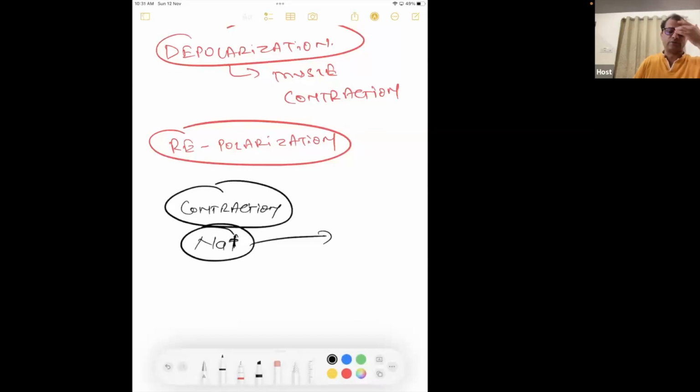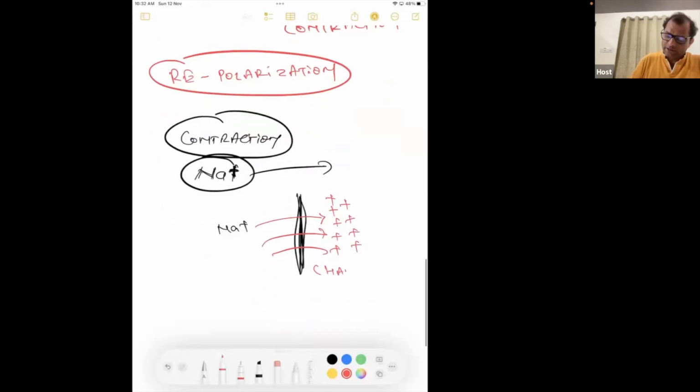Sodium is found in many things. So suppose sodium is here and is going this side, as soon as sodium goes this side, it will convert to plus because sodium is plus. So this is called changing in polarity.